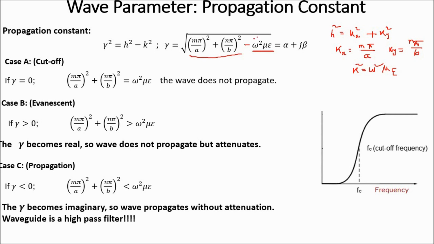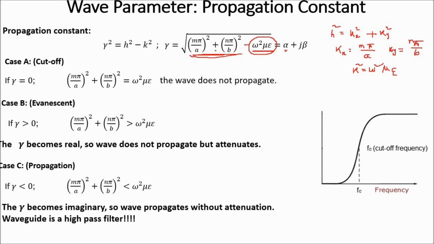So if the product omega square mu epsilon is lower than these values, then the propagation constant will be a positive real number, which is equal to alpha. But at that time there is no beta.